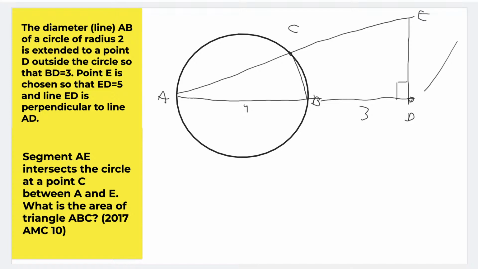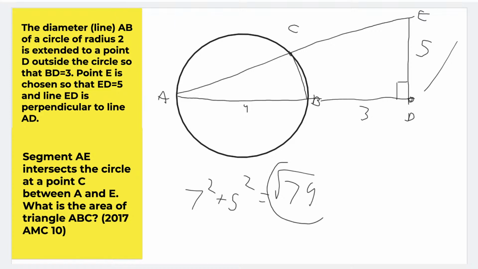Okay, so this problem is actually very hard if you don't see this trick, but there's one trick to this problem. So we know that ED is equivalent to 5. So we want the hypotenuse of the bigger triangle, which is 7 squared plus 5 squared, that's the square root of 79.